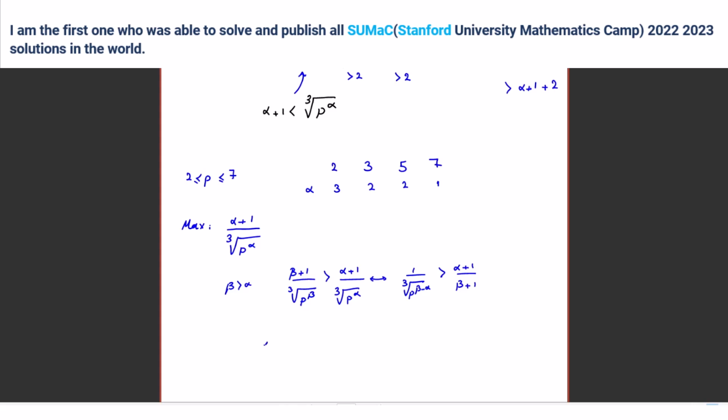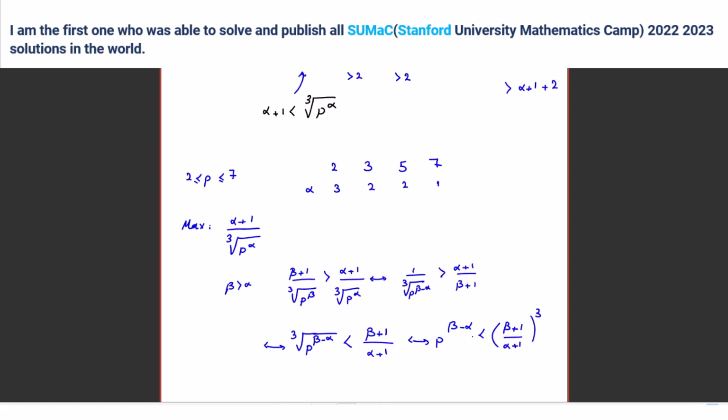So it is equivalent that cube root of p to the beta minus alpha is less than beta plus 1 over alpha plus 1, right? Then cube. So p to the beta minus alpha is less than beta plus 1 over alpha plus 1 cubed, right?